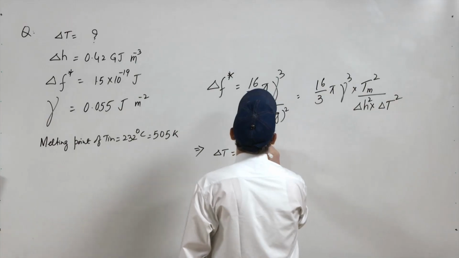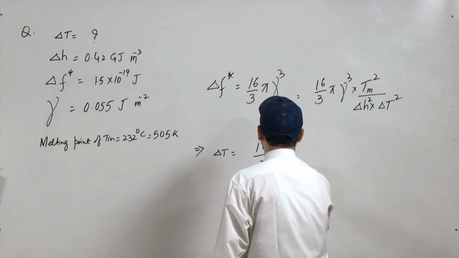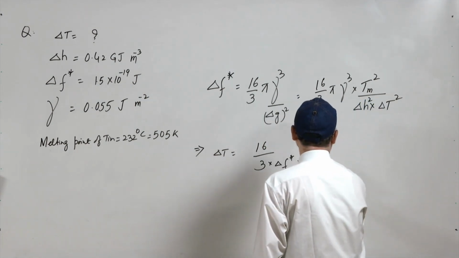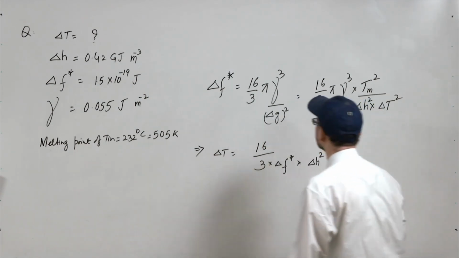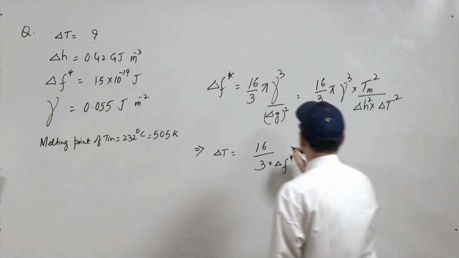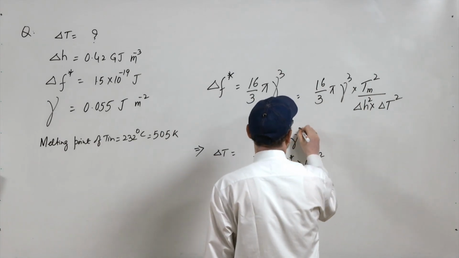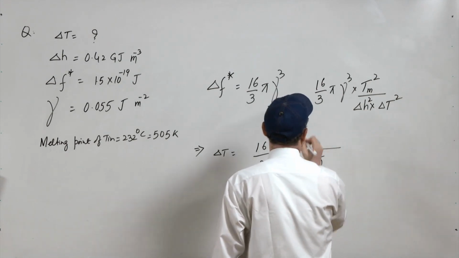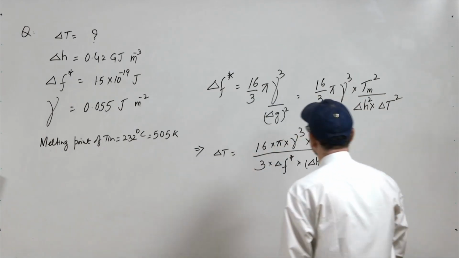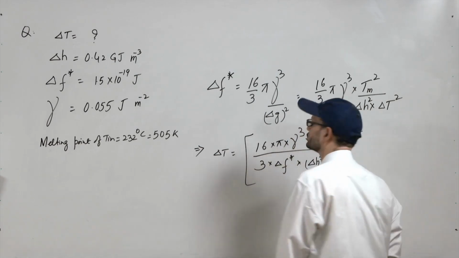So, it will be 16 upon 3 into delta F star into delta H square, and in the numerator you have pi gamma cube into T m square, and on this you will have the square root.